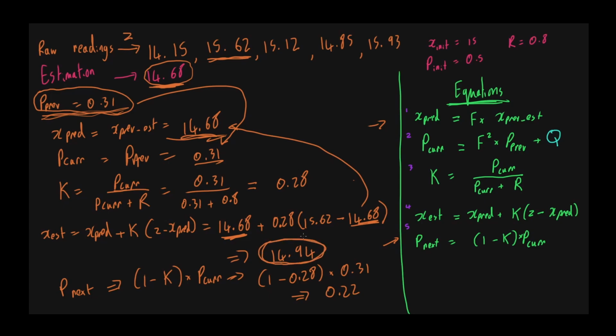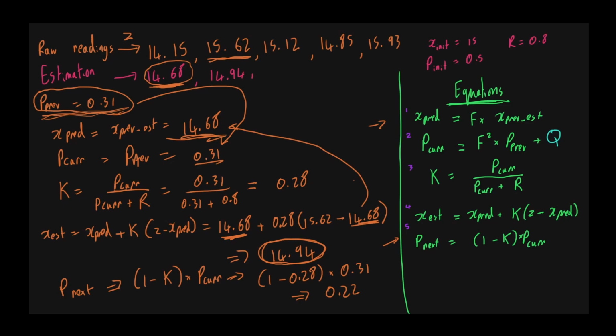It's our x estimate. So now our next time step, we had 14.94, in pink. That is what we calculated in this current step. This is our current estimate, the output of the Kalman filter, 14.94.